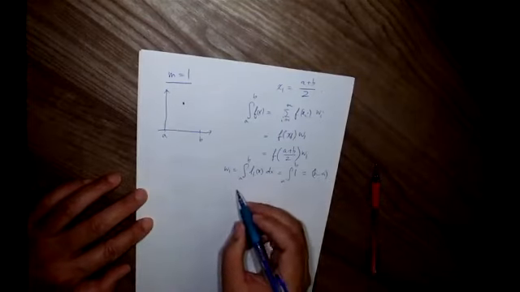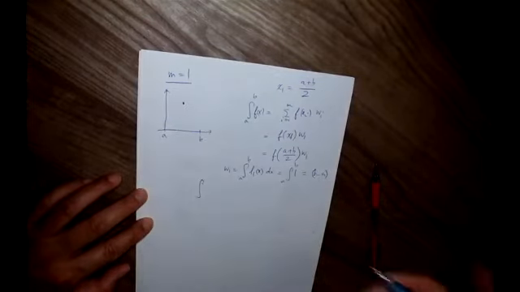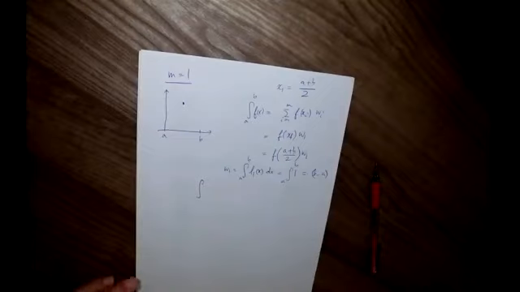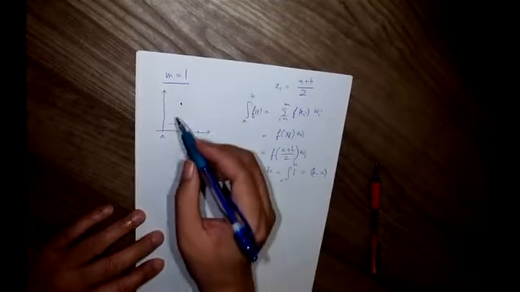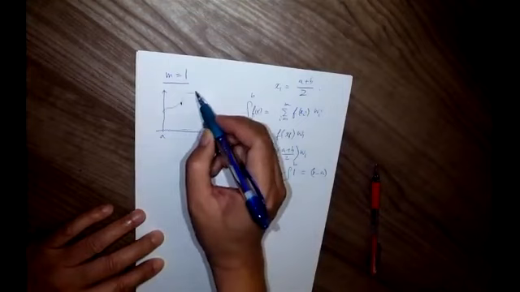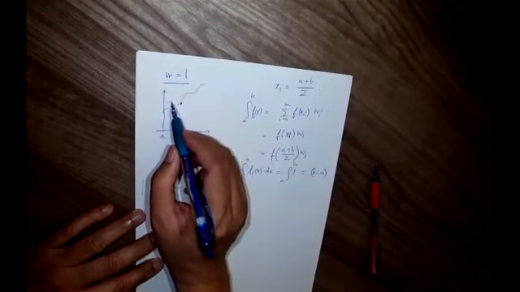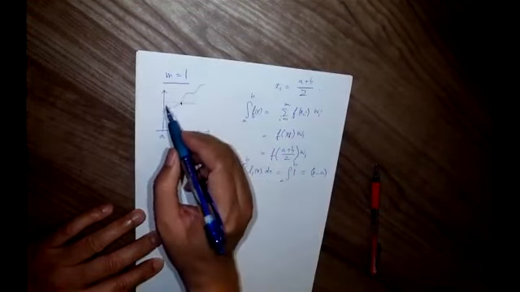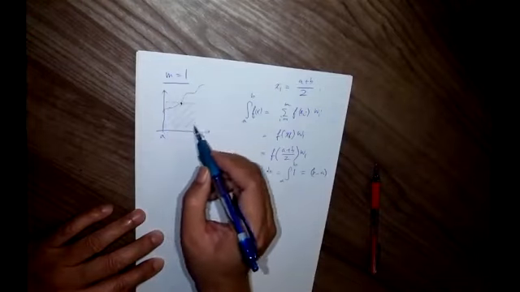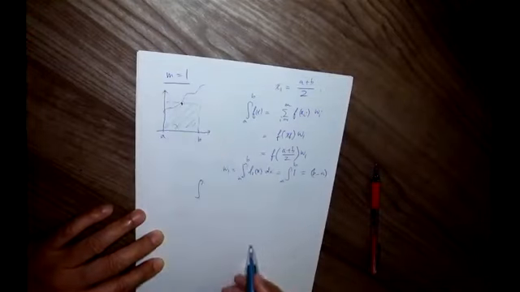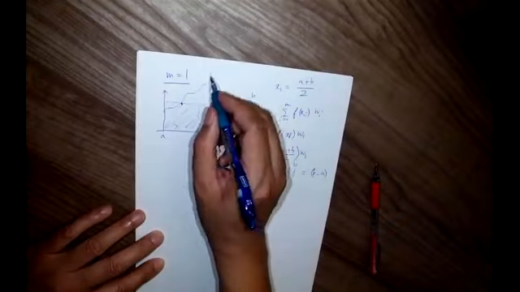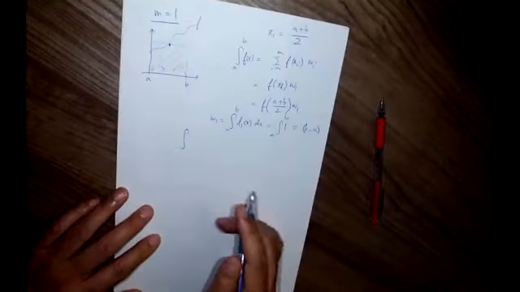So therefore, in this case, you recover this formula. And what it does is, suppose your function is like this, then it just takes the value at the midpoint and then computes the area of this rectangle. Okay?